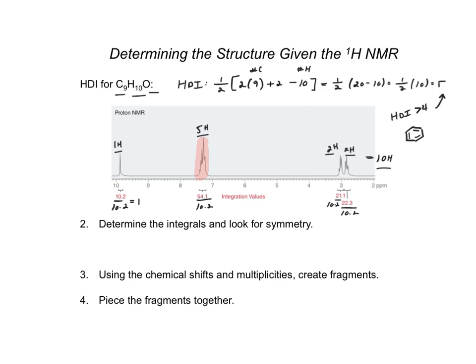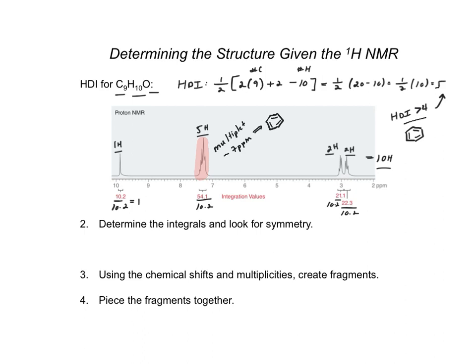Anytime you get what I'm going to call a multiplet, where it's really unclear whether it's a quartet or a quintet, we can't really tell, that hovers about 7 parts per million, that is another really big indicator that we have an aromatic ring. This has to do with diamagnetic anisotropy. We also already had a big indicator via our HDI of 5 that this is an aromatic ring, so that's going to be one of our fragments. We have an aromatic ring.